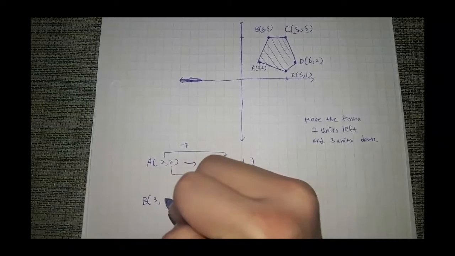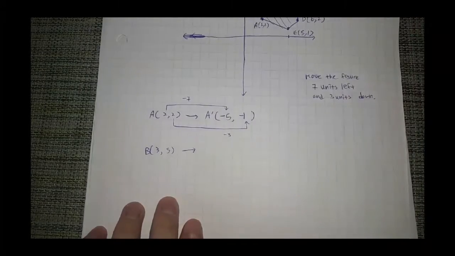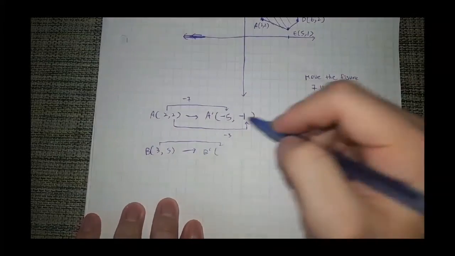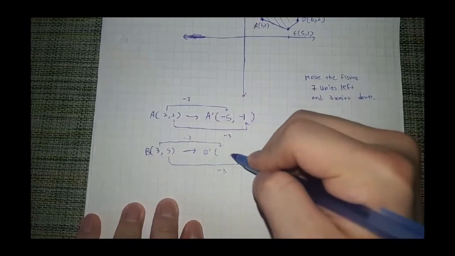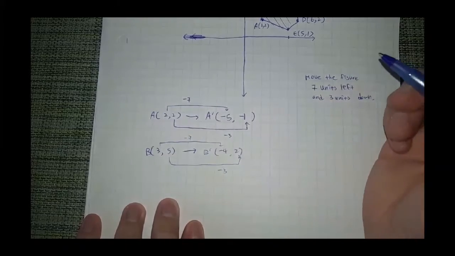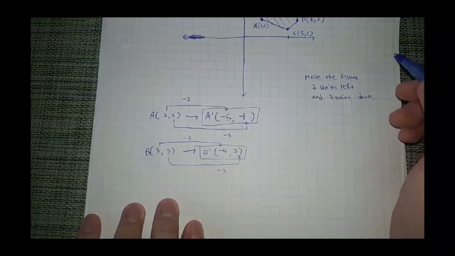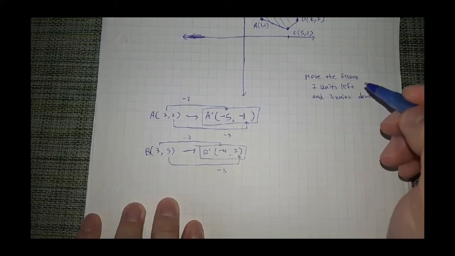B, which is 3, comma 5. If you think about moving the coordinate B, you get a new B coordinate, 7 to the left, 3 down. So there'll be minus 4, and positive 2. That's our new coordinate. You don't have to do this for everything. I'm going to tell you why.